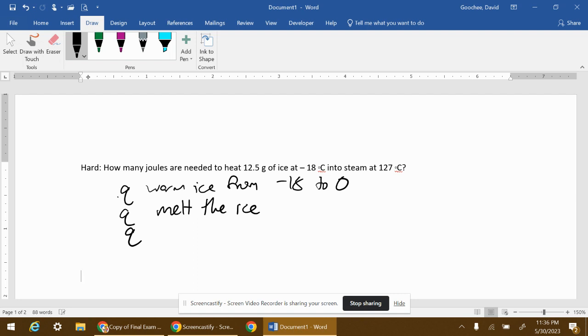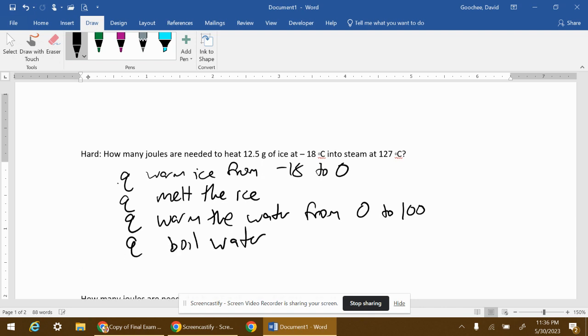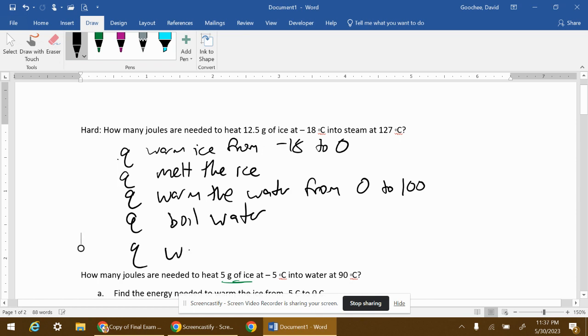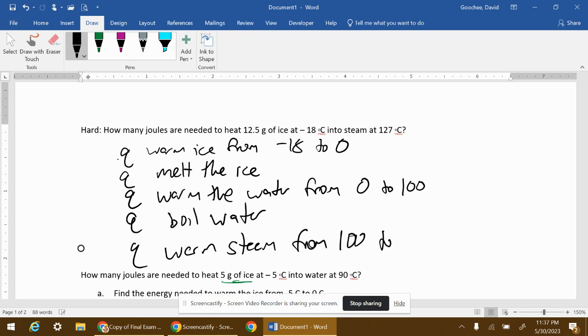Then how much energy it takes to warm the water from 0 to 100. Then you got to boil the water. Then you got to warm the steam from 100 to 127. So, yeah, it's not that hard.